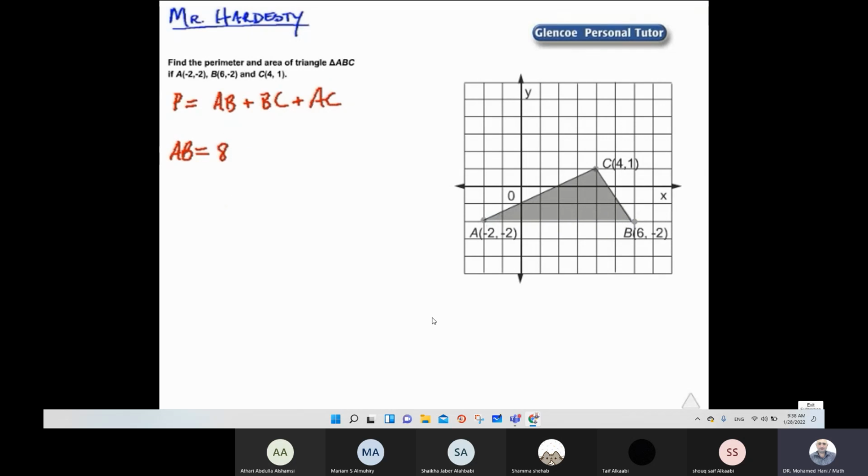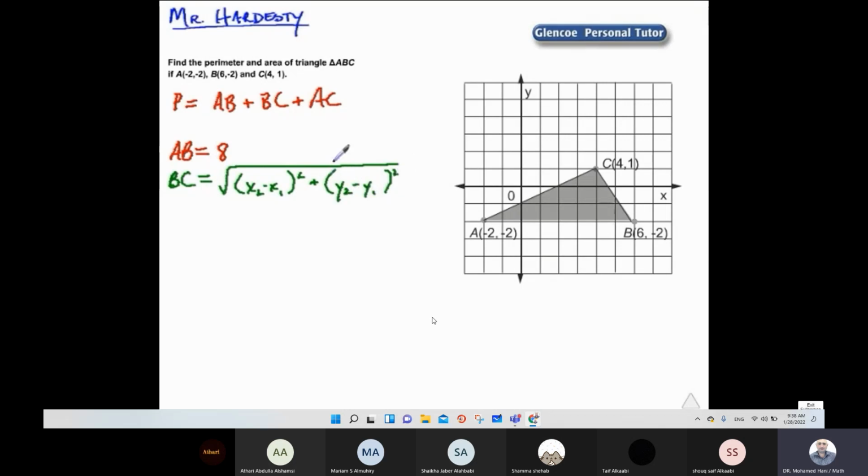Next to BC. BC, from here to here, we'll need to use the distance formula. The distance formula is the difference of the x-coordinates squared plus the difference of the y-coordinates squared.